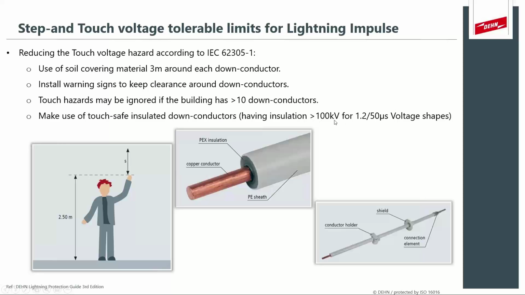It's not 100 kilovolts at power frequency, but rather 100 kilovolts at 1.2/50 microseconds. This is an example of a special lightning insulated down conductor that can be used to ensure that our installation will be safe against touch voltages, ticking the first box of our lightning protection system and making sure that it's safe against lightning currents.